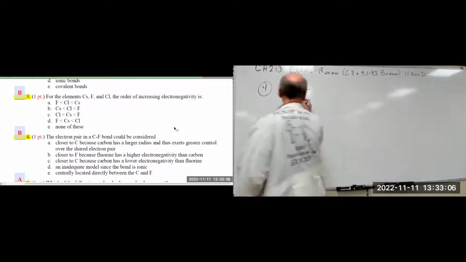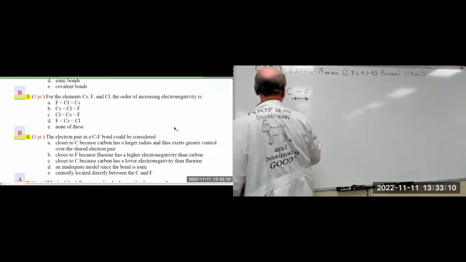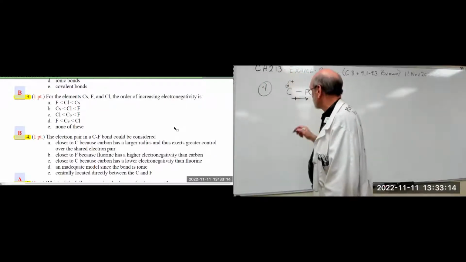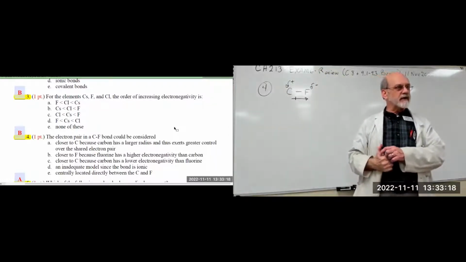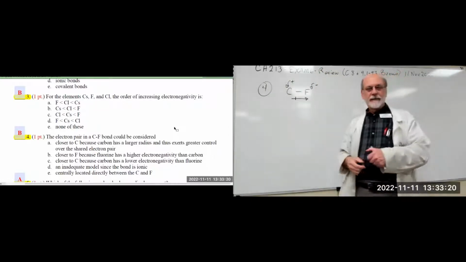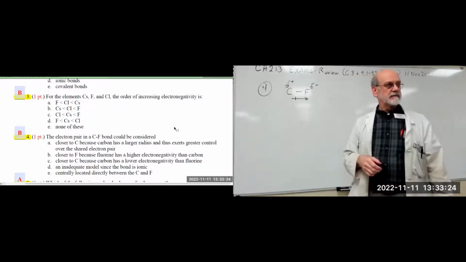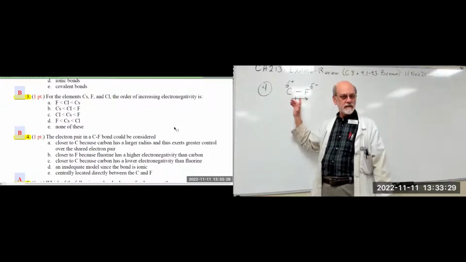They're closer to fluorine. The dipole moment is this direction. So this one's going to have a slightly negative and this one's going to have a slightly positive. We know that because fluorine is the most electronegative and everybody else is less. So A can't be it. Electrons can't be closer to carbon because fluorine is more electronegative.